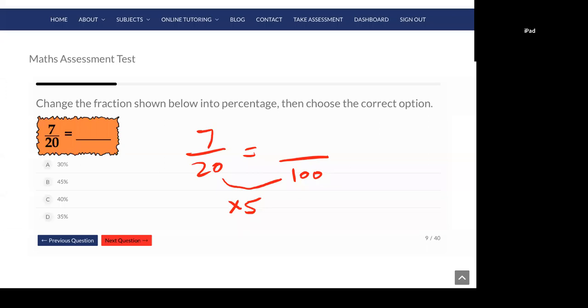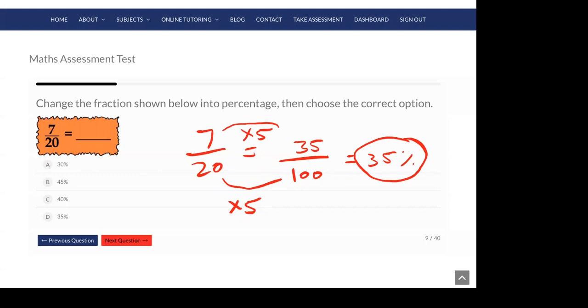And then multiply the top number by 5 again. So 7 times 5 is 35, and that gives us 35%. All right, if you've got a pen and paper there, or pen and pencil, then you could actually write these down. You can write the notes down as well to help you at the same time. So 35% in this case.